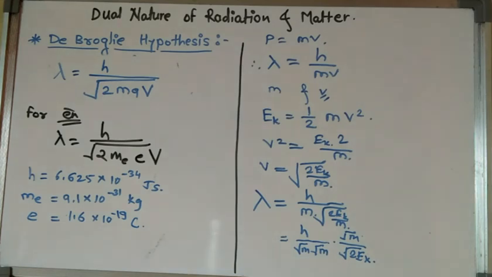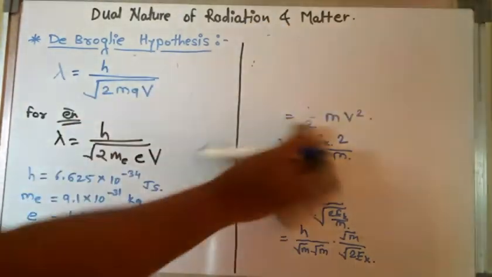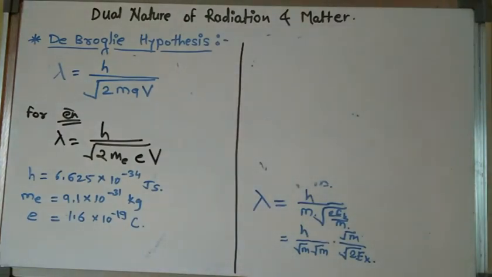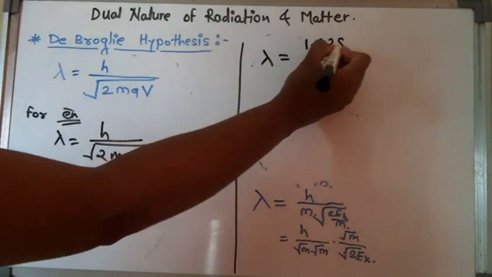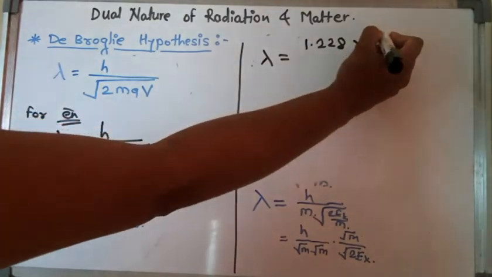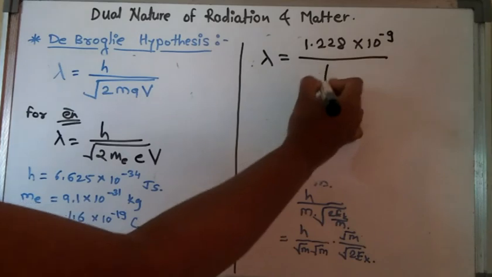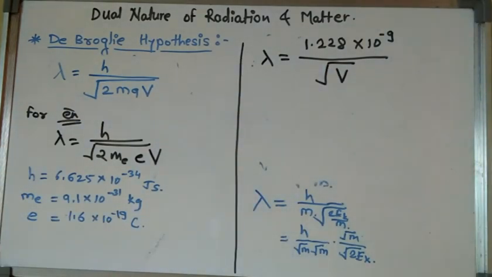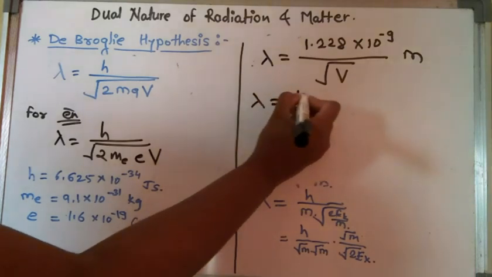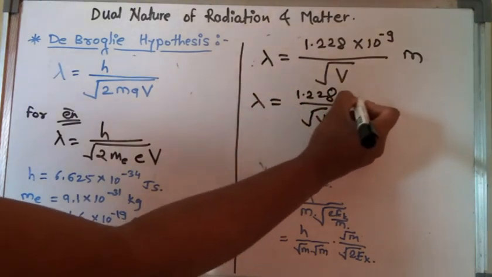Okay, by using all these values in this equation, after calculating we get lambda is equal to 1.228 into 10 raised to minus 9 divided by square root of V. This wavelength is in meter. In nanometer, we can write lambda is equal to 1.228 divided by square root of V nanometer.